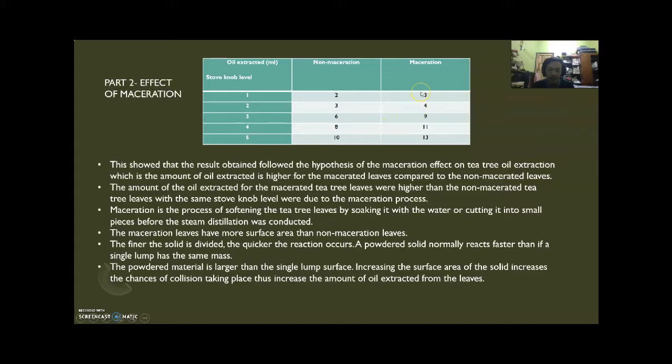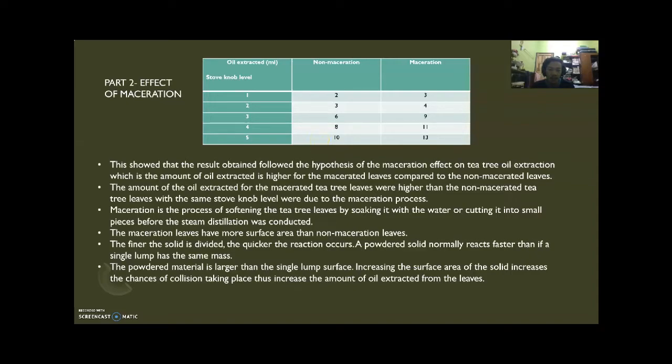However, the maceration part has more oil extracted. It is because the macerated leaf has more surface area than non-macerated.